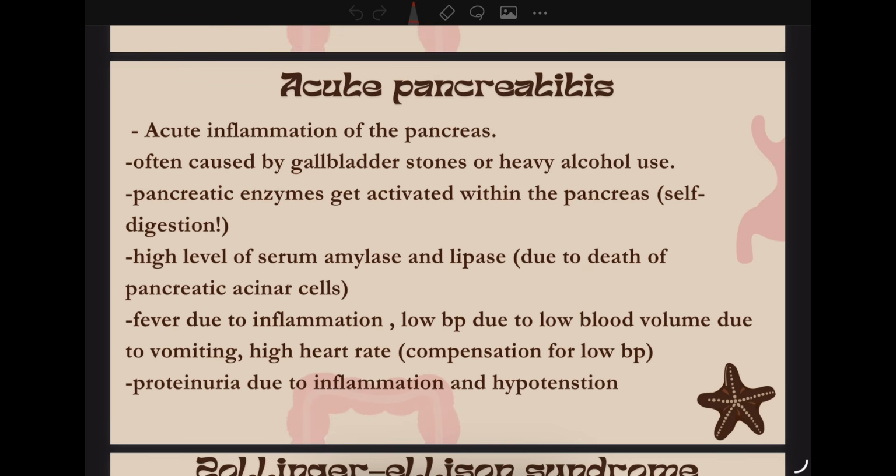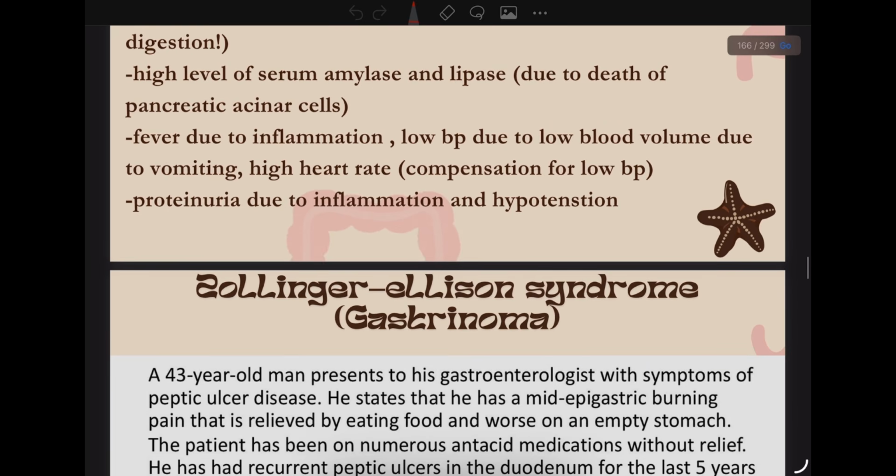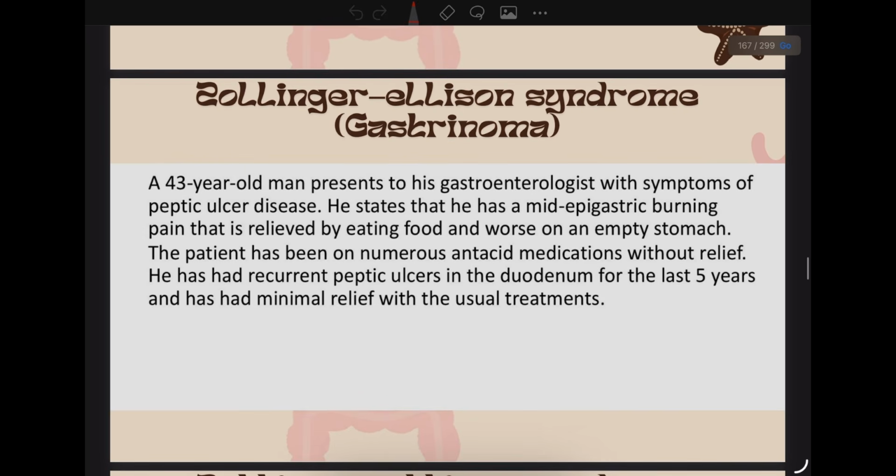That's what we call autodigestion of the pancreas, or self-digestion. You have a high level of serum amylase and lipase. Why? Because the cells of the pancreas have these enzymes. So when it starts getting digested and the cells burst open, the enzymes will flow through the bloodstream, so you'll have a high amount of them. Fever due to inflammation, proteinuria due to inflammation, hypotension. These are things not very important.